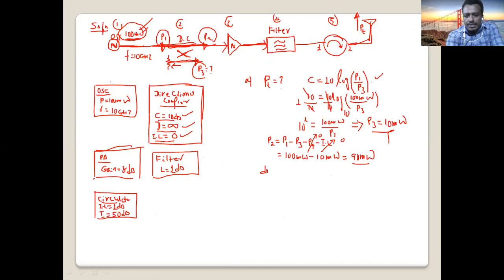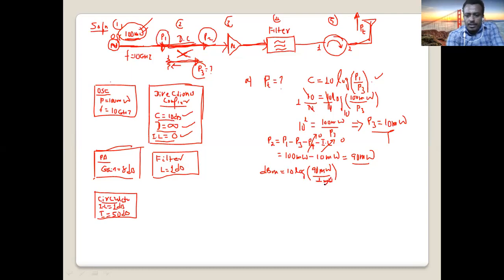As we have discussed in chapter 1, dBm is equal to what? 10 log of the given power, 90 milliwatt, divided by 1 milliwatt. Do you remember the dBm formula?